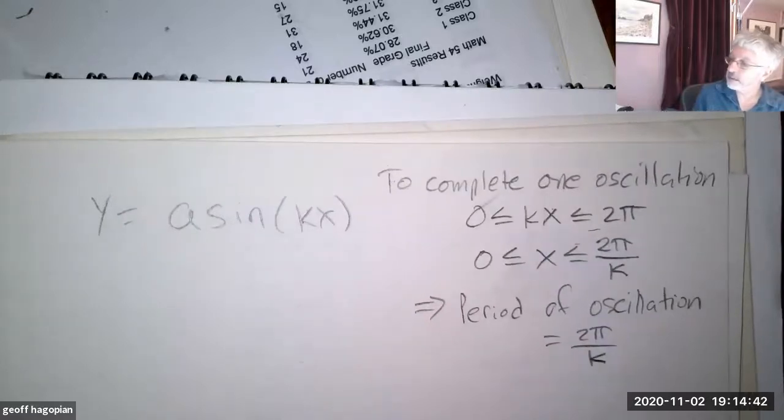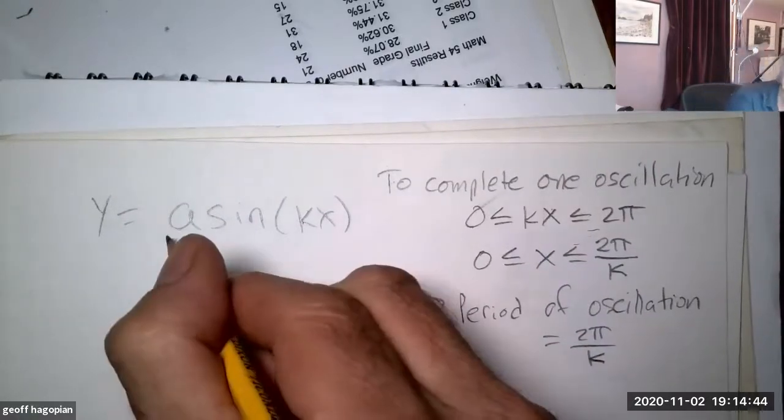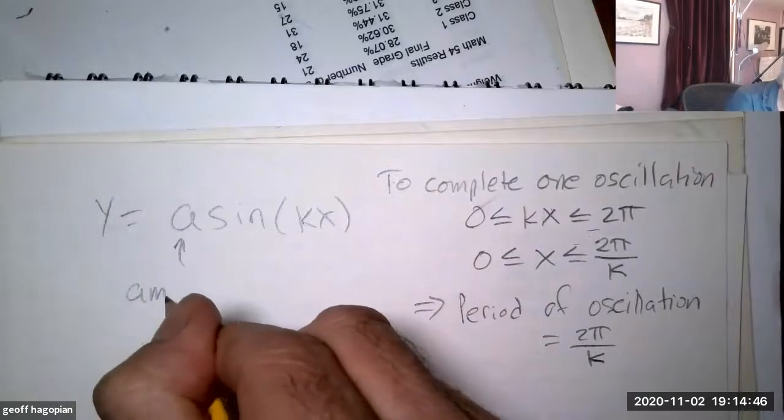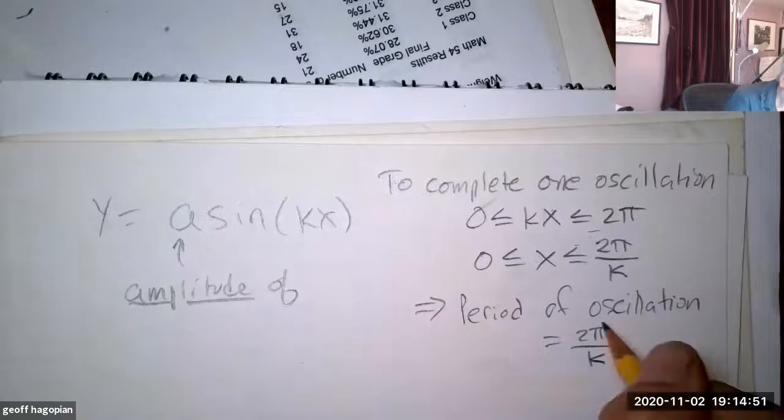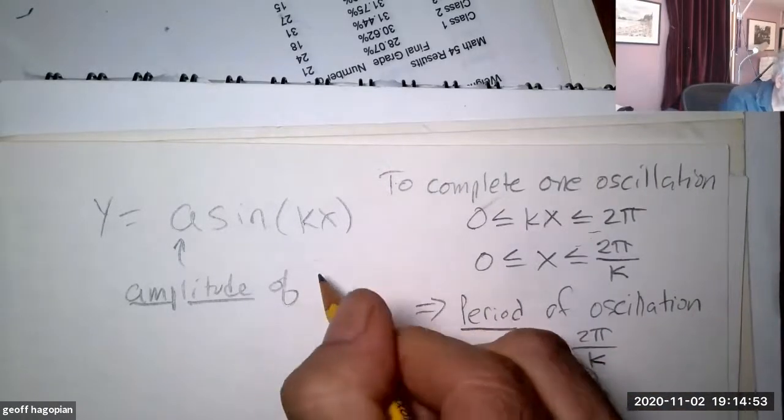All right. So this is the amplitude of oscillation. These are key words: period and amplitude.